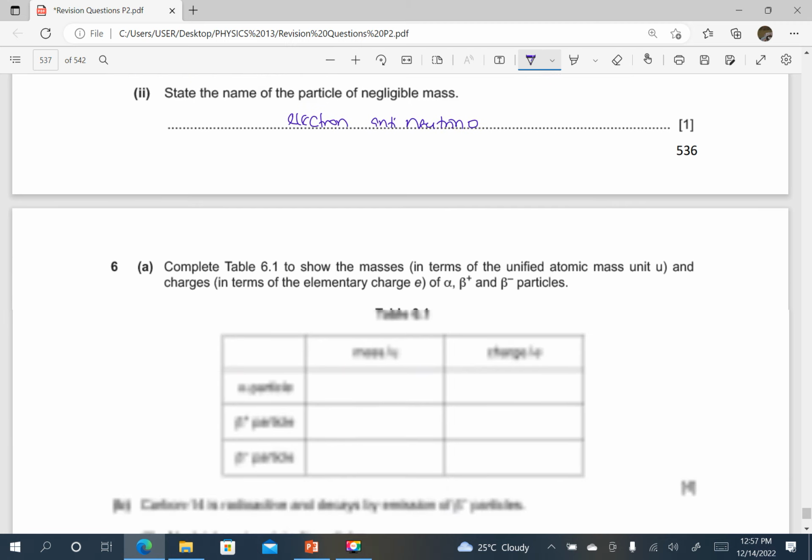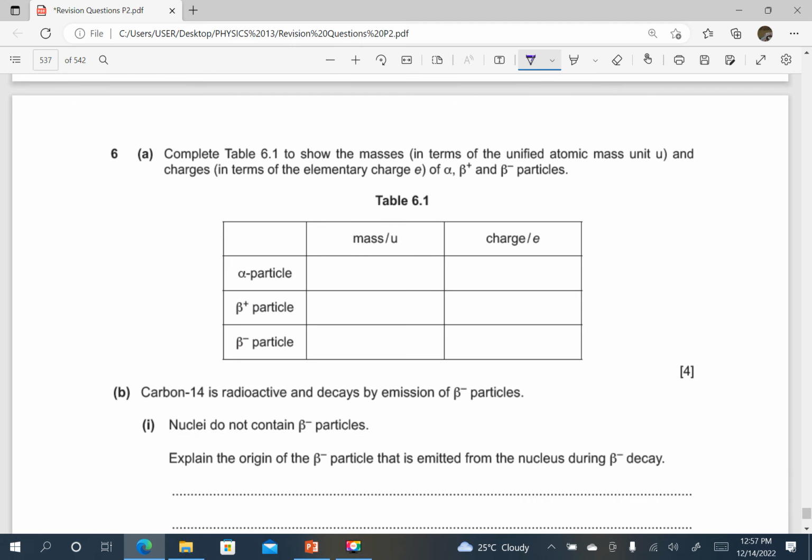Okay, next. Complete the table to show the masses in terms of the unified atomic mass unit, that is u, and the charges in terms of the elementary charge e of alpha, beta plus, beta minus particles.